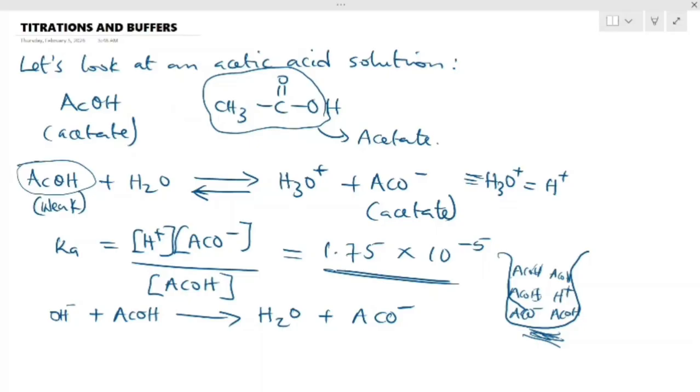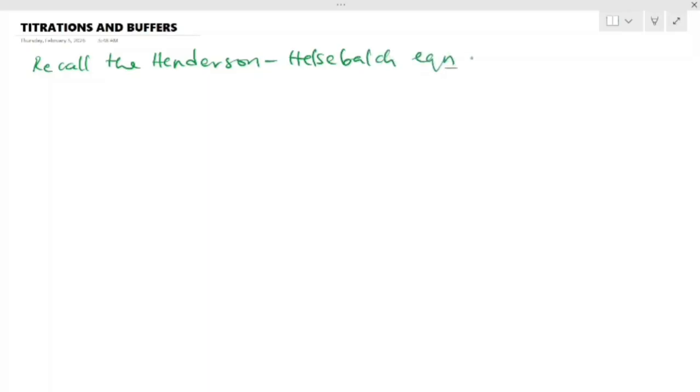So in our next slide, we want to relate this to our Henderson-Hasselbalch equation. Next slide. Recall the Henderson-Hasselbalch equation.